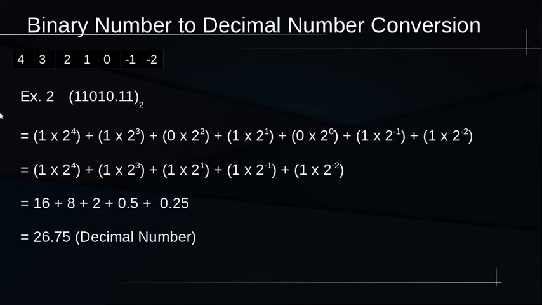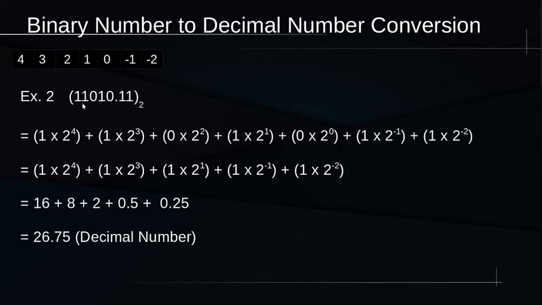For integer part, we count right to left. So 0's place value is 0, 1's place value is 1, this 0's place value is 2, this 1's place value is 3, and this 1's place value is 4. For fractional part, we count left to right. So this 1's place value is -1 and this 1's place value is -2.